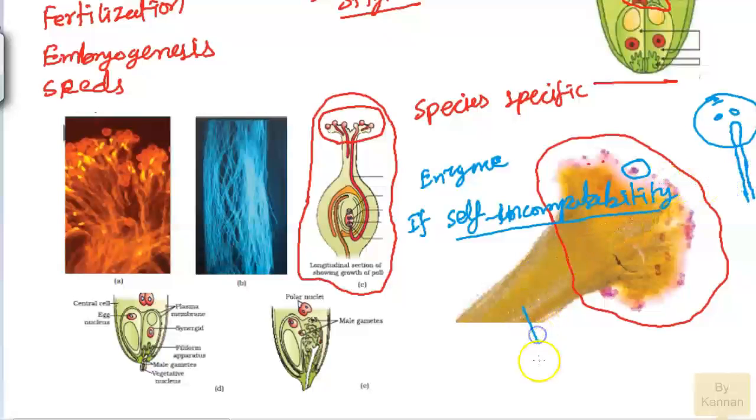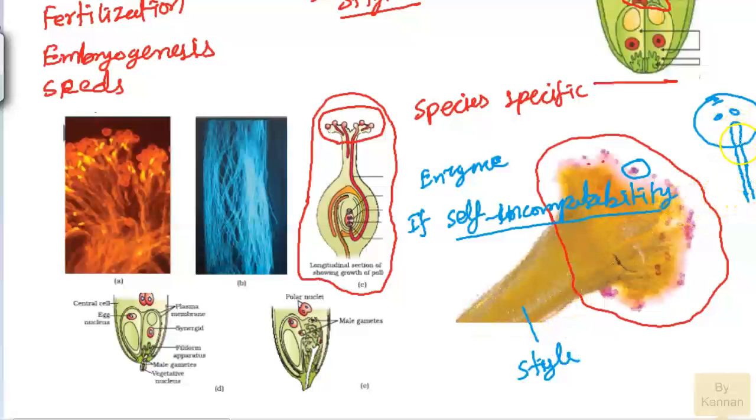You can see this is the style part of the pistil. Inside the style, the tube cell is going through it.